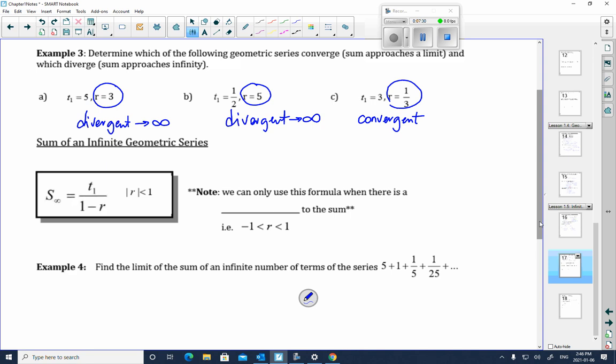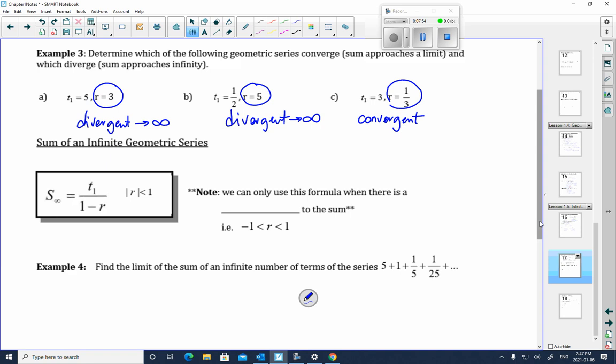It's essentially the formula Sn, except that 1 minus r to the power n is doing nothing to it, so it's basically eliminated, and I'm just left with t1 over 1 minus r.